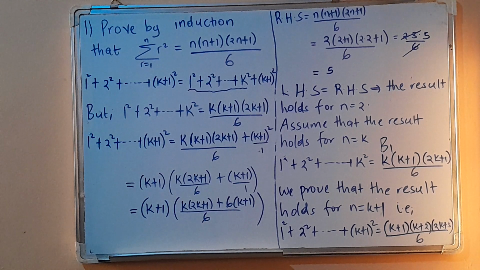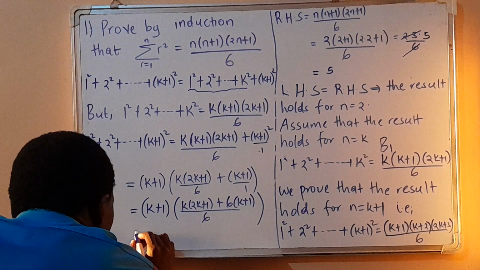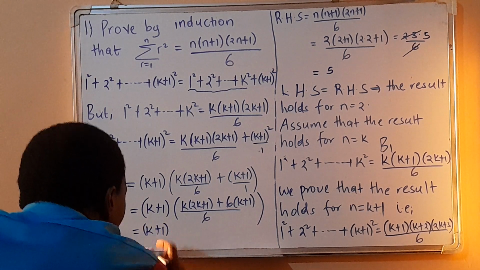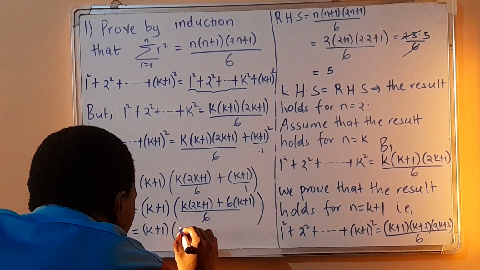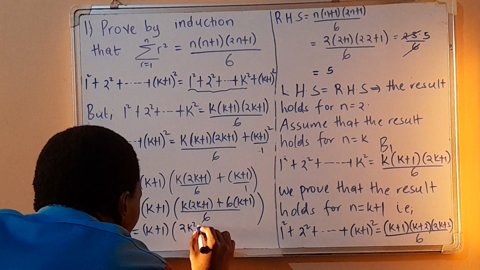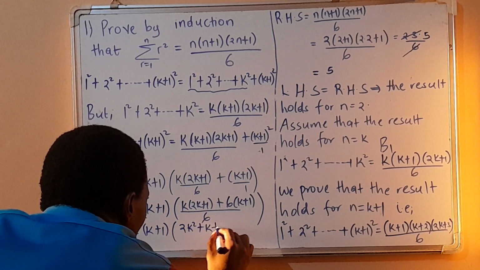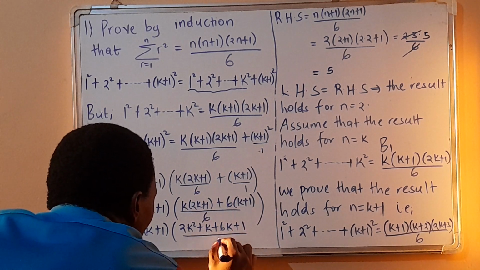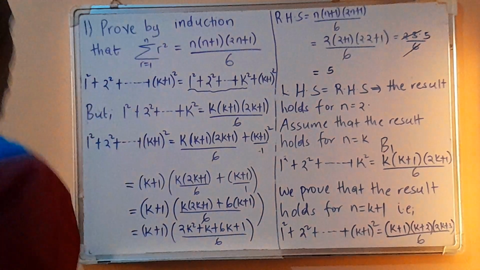Now we can open brackets. This is k plus 1, brackets, 2k squared plus k plus 6k plus 1 over 6.